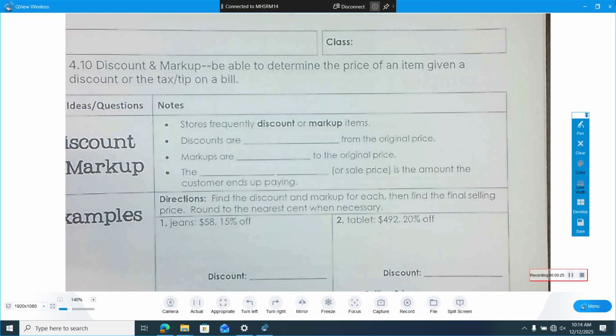Stores frequently discount or markup items, which is often the case. Like right now, if you go shopping, everything's like 30% off or 40% off. And it's important to figure out what that is so you know how much you're going to end up paying.